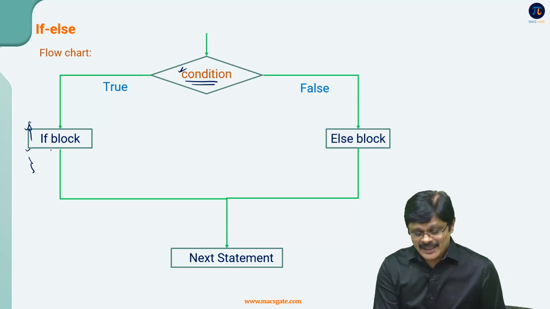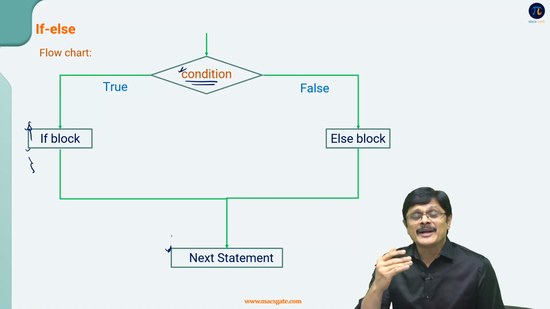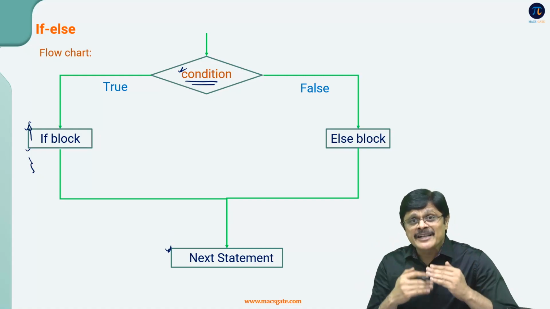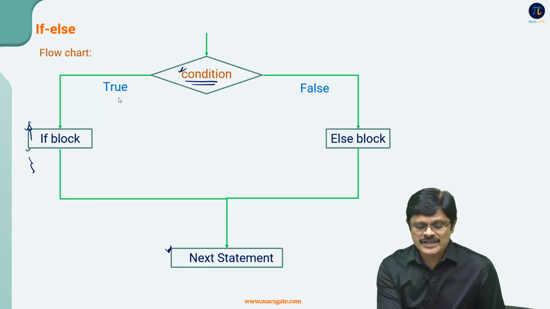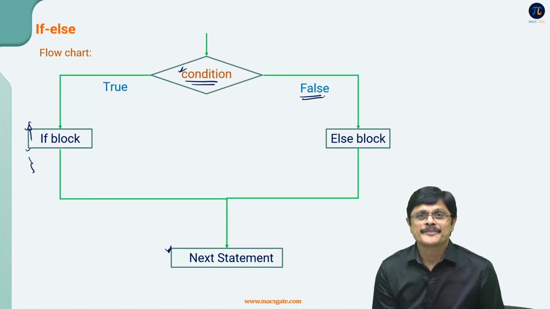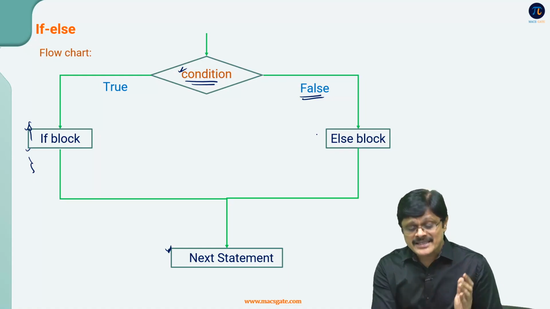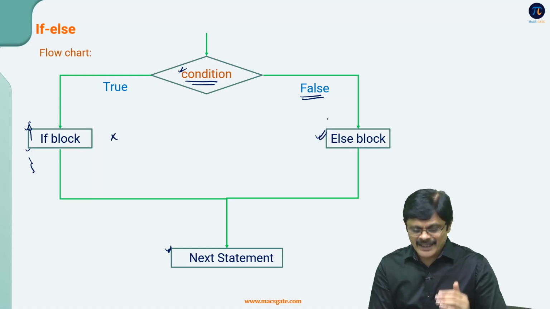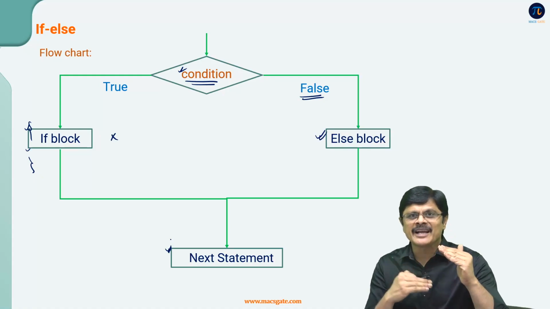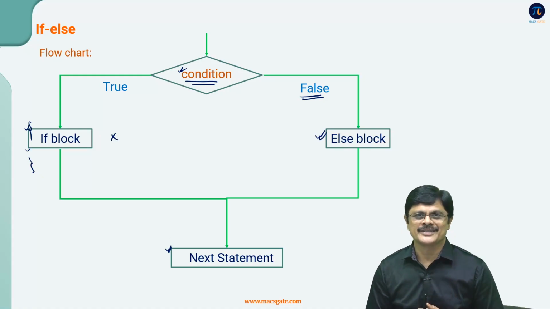After that, whatever statement is there after the entire if else blocks, that next statement will be executed. And if the condition is false, the if block is ignored, then the else block is executed, then the next statement after the complete if else block is executed, okay.